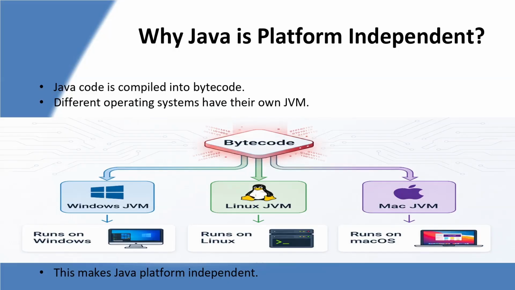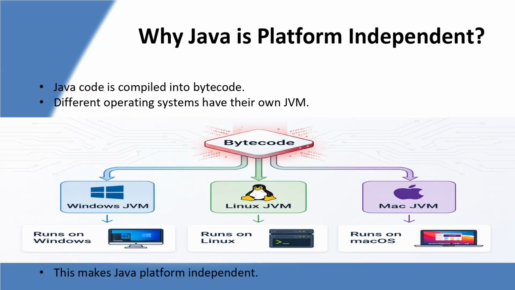So we have bytecode, which is generated from the .java file. After compilation, the .java file is converted into a .class file, which contains bytecode, and that bytecode is converted into machine code with the help of the JVM.